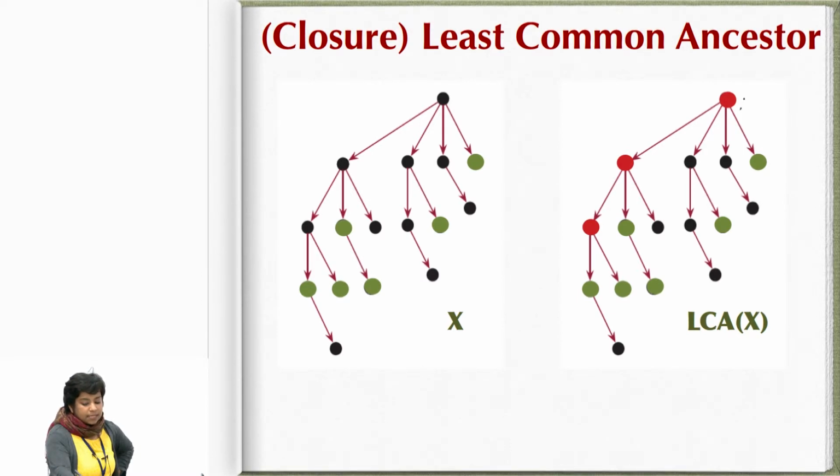Now this vertex was not part of the X set, so I also add this to X. So this larger X, X union these additional common ancestors which were not part of the original set, is what we call the least common ancestor closure, the LCA closure set. So this is the closure set, okay, all right.